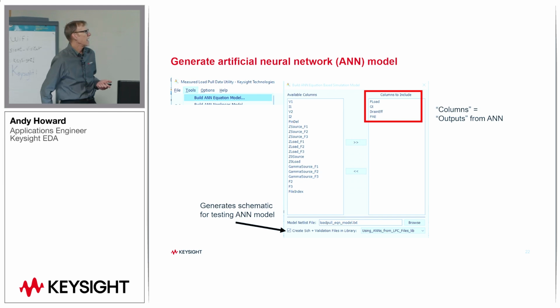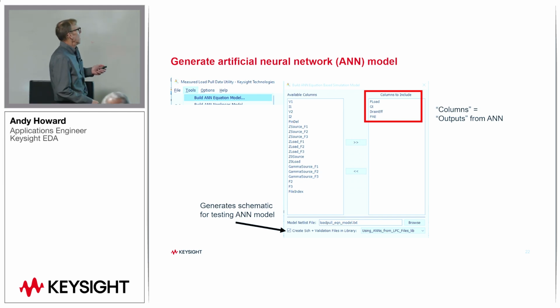But when you're generating an ANN, we're going back to this measured load pull data utility. Previously, we read in data and wrote out a data set. This is a different option here. Under tools, build ANN equation model, we specify the data to include.